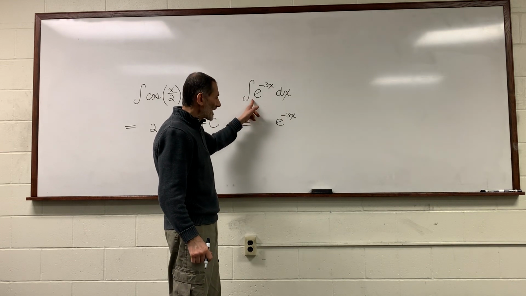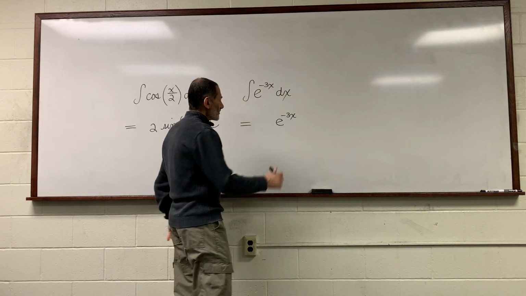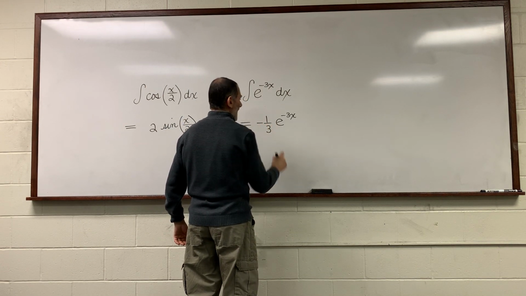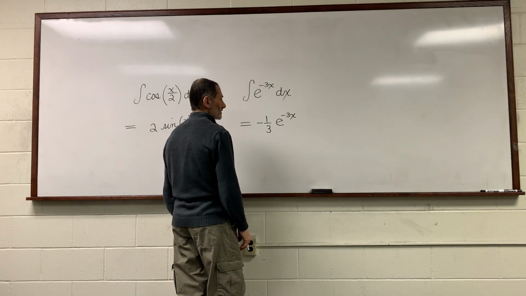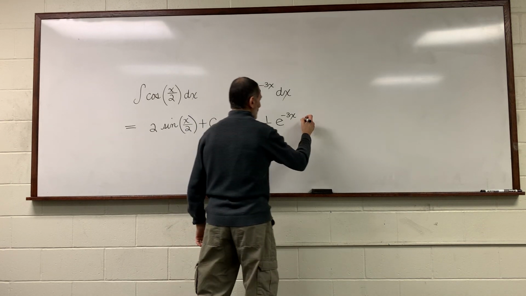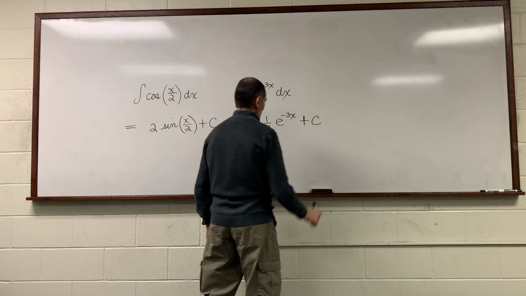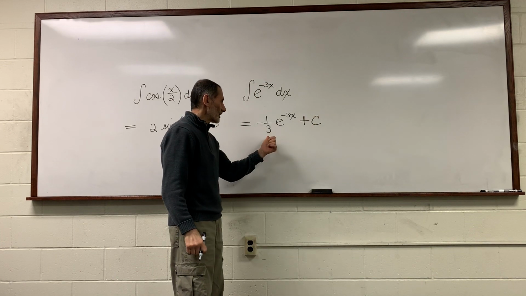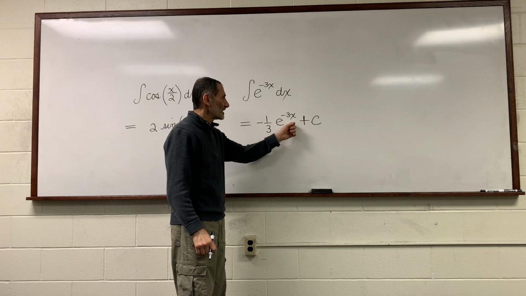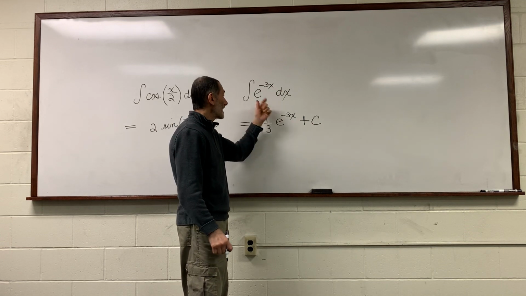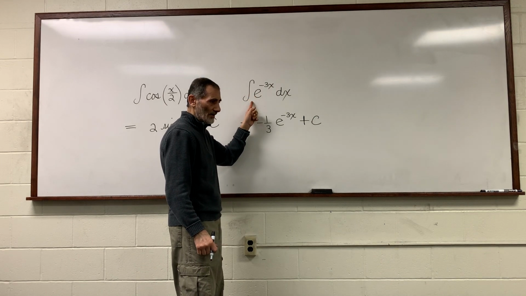We have neither the negative nor the 3. Again, we have to account for the chain rule, and for the fact that this is a family of functions. Again, our derivative, negative 1/3 times e to the negative 3x times negative 3. Negative 1/3 times negative 3 is 1.